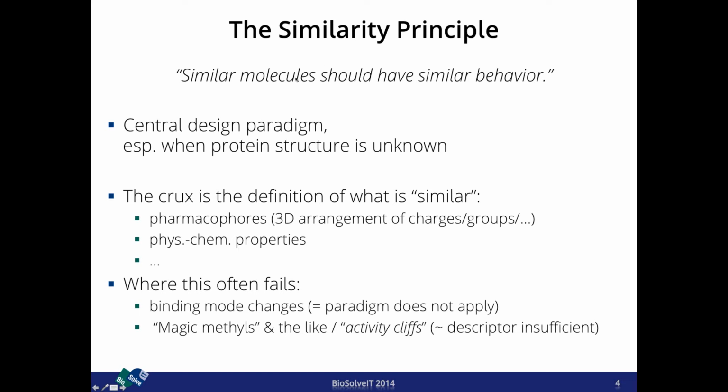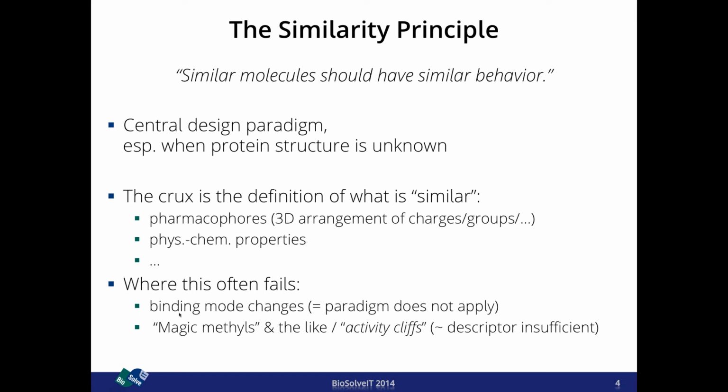On the other hand, the similarity principle up here certainly can fail, and two of the probably most prominent failure reasons are when, for example, a binding mode changes, which means ligand number 1 binds in cavity A, and ligand number 2, which is even similar to ligand number 1, binds to another cavity.